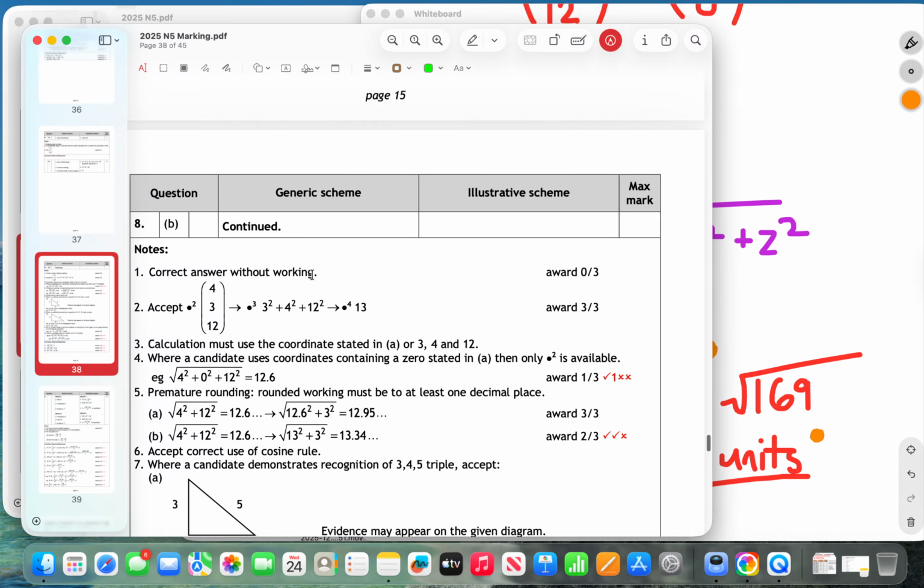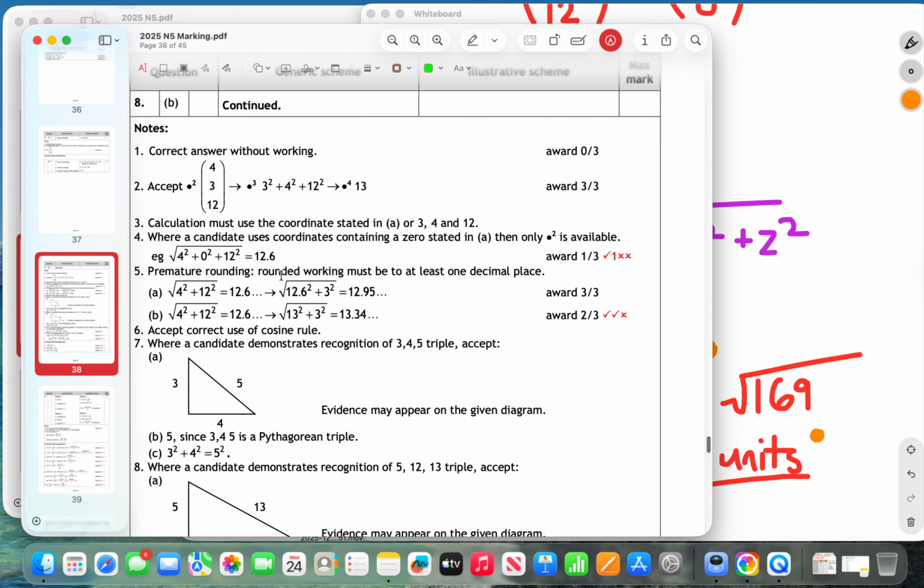You would get no marks if you did this without working, because it's pretty easy to do this question in your head, but they're not assessing mental arithmetic, they are assessing your ability to use vectors, so you have to show exactly what you're doing.